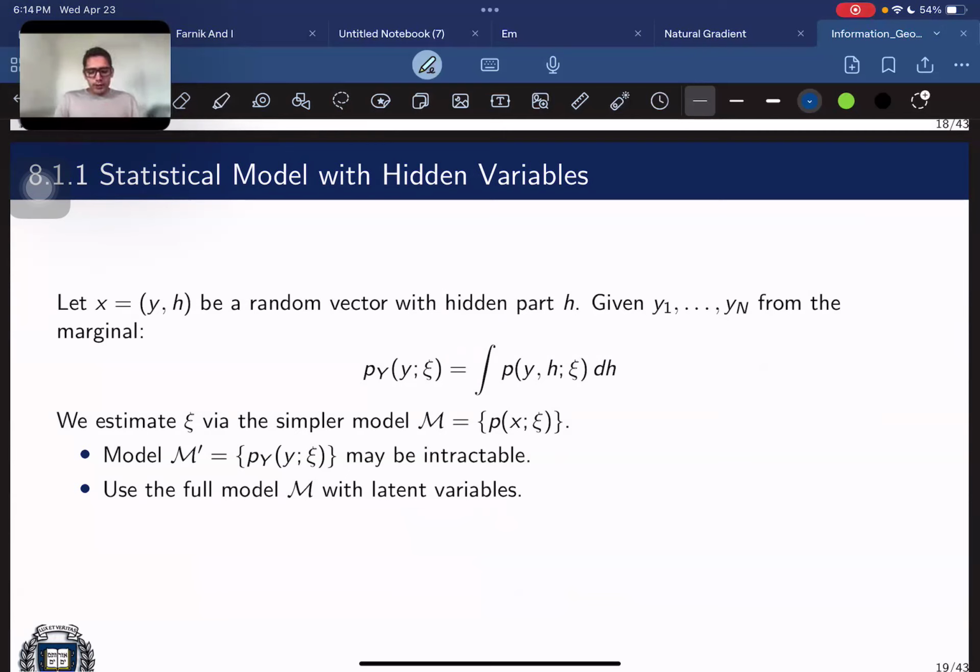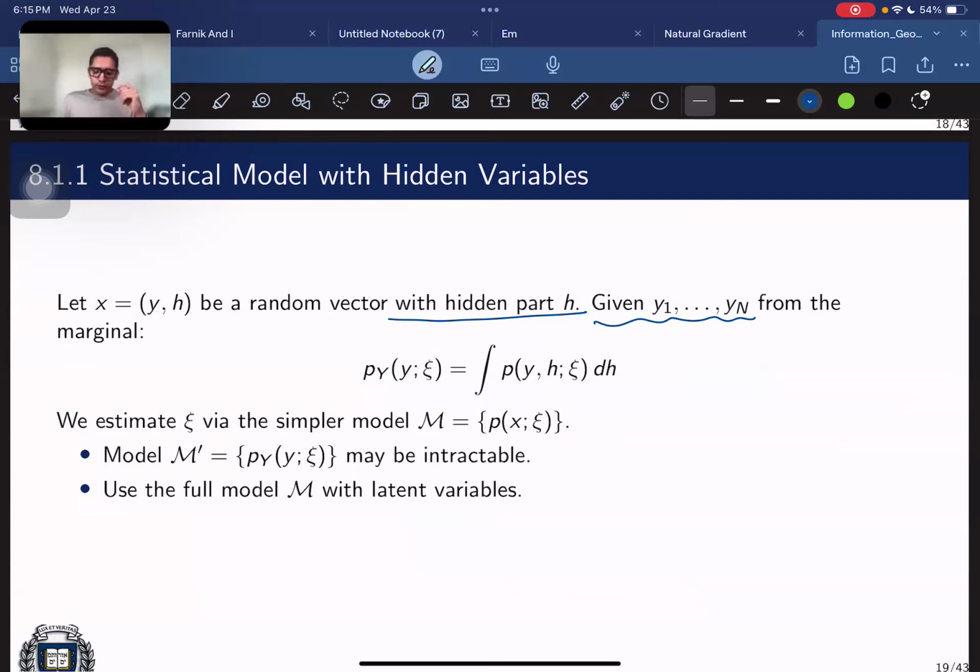Consider x to be a random vector with a hidden part h. So we don't have the full information about the vector x. There is a hidden part h, and we are given the observable part y1 to yn.